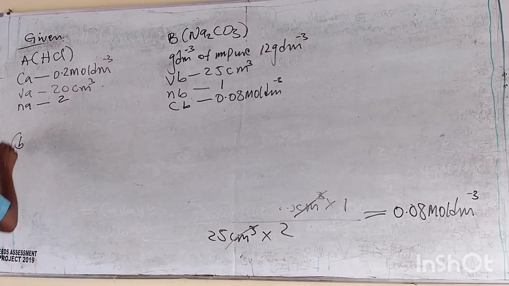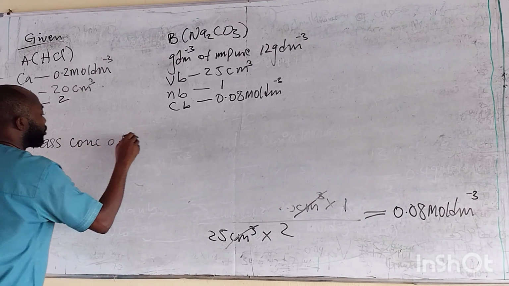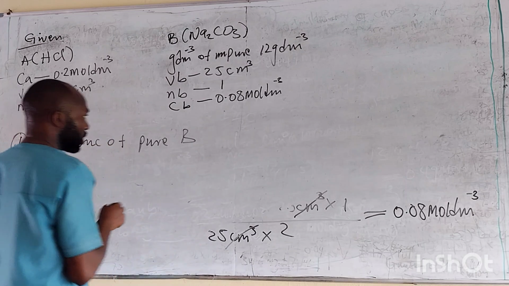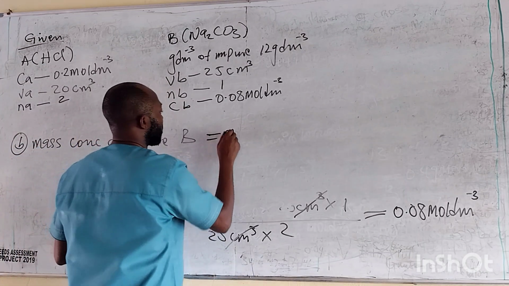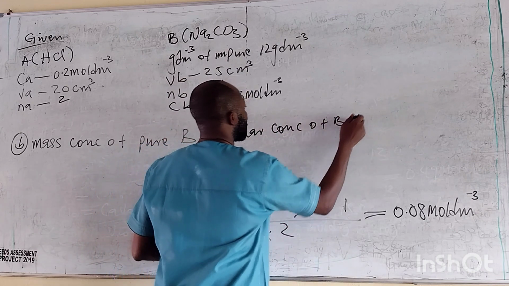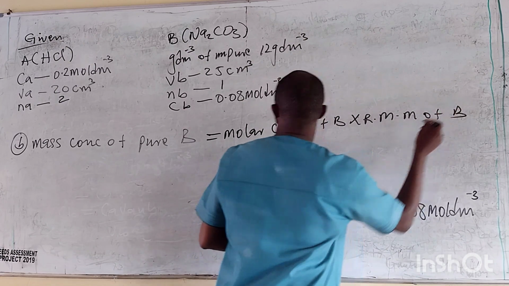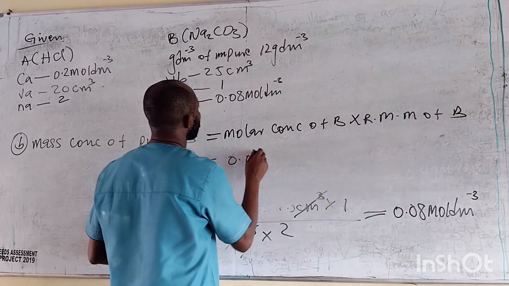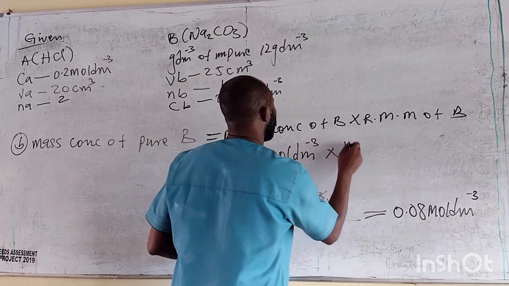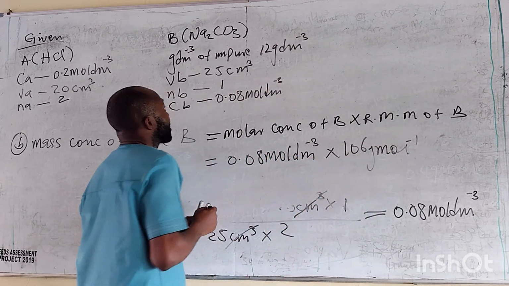Mass count of pure B is equal to molar count of B times relative molecular mass of B. Molar count of B is 0.08 mole per dm cube times 106 g per mole, which is the relative molecular mass of the base.